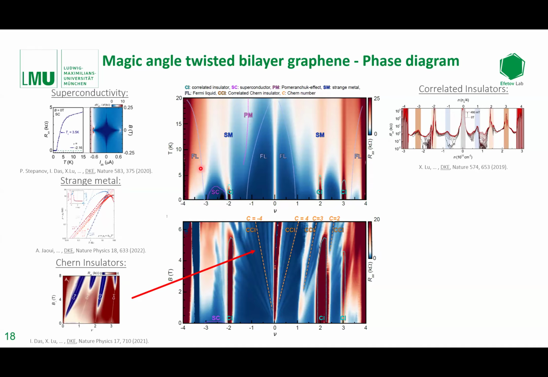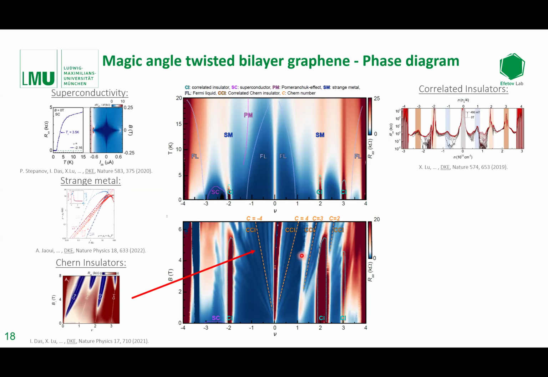So in particular, if you look at the magnetic field dependent phase diagram here, in high magnetic field, you can see that a really rich sequence of Landau fan-like features appear. People have worked out extremely robust Chern insulators, which follow a sequence corresponding to which filling factor they originate from.